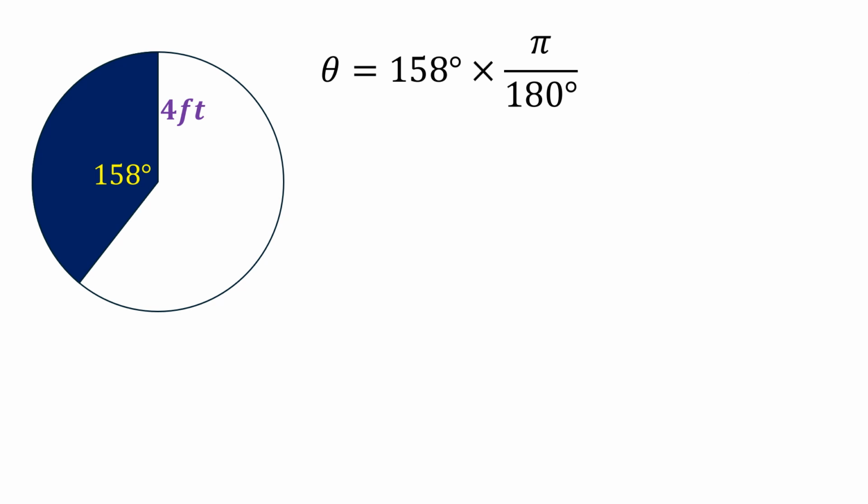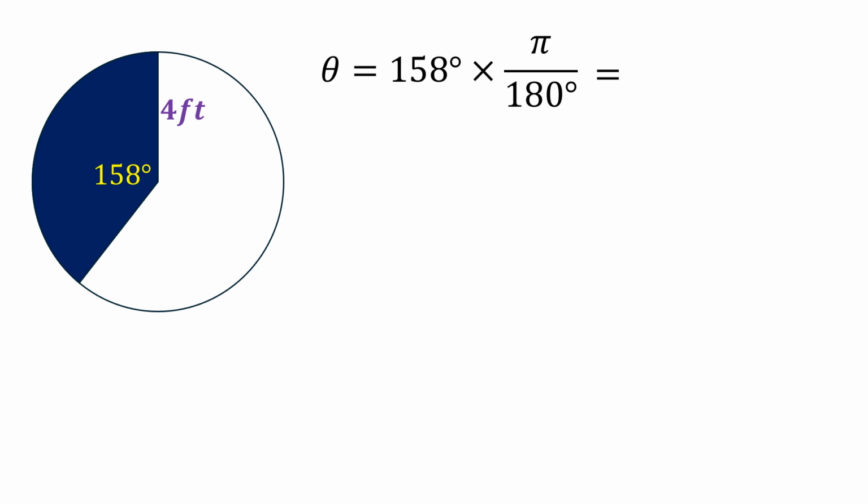And if you have radians to convert to degrees, then you just reverse it and make it 180 over pi. So as I said, you always multiply a degree angle by pi over 180 when converting from degrees to radians, which we need here in solving for the circular sector.